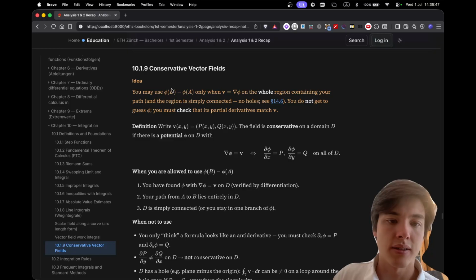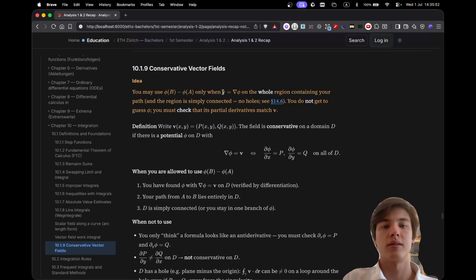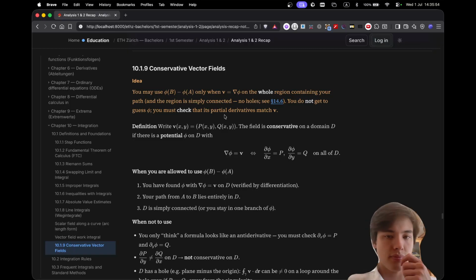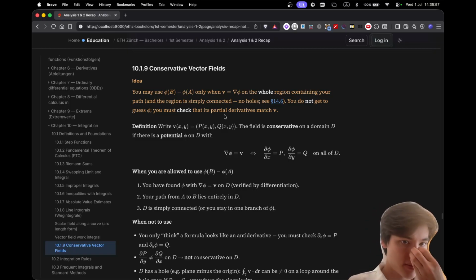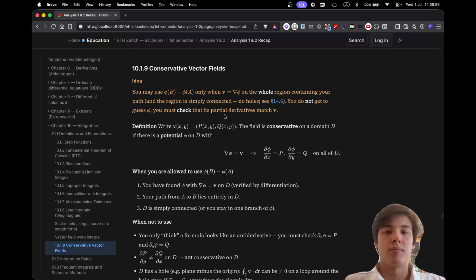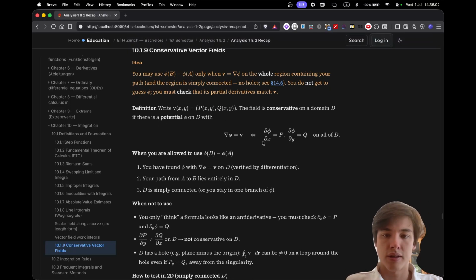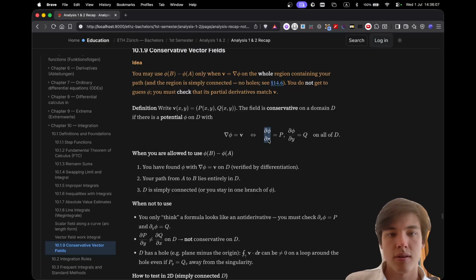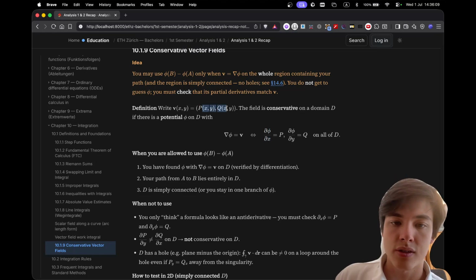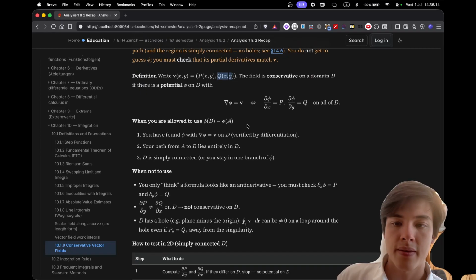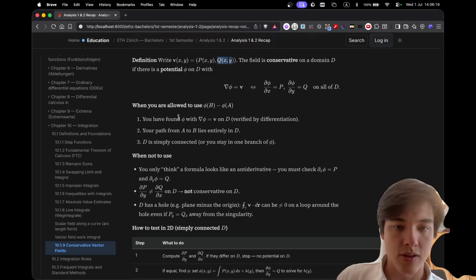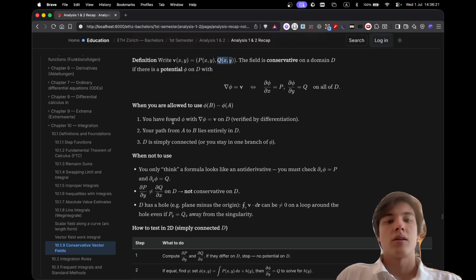Conservative vector fields. Then we can just use b minus a of the potential. What was it? If it's conservative, then phi of x equals this and phi of y equals this. I think it needs to be continuous.